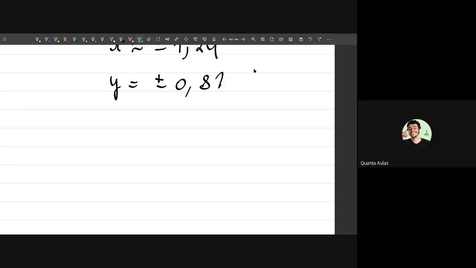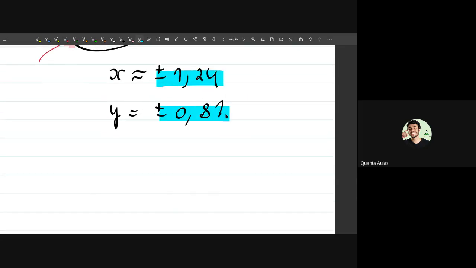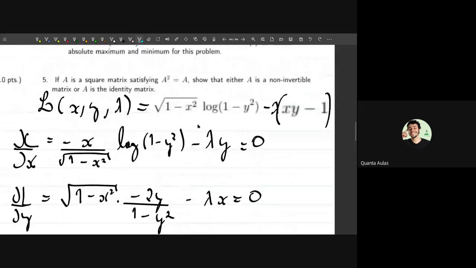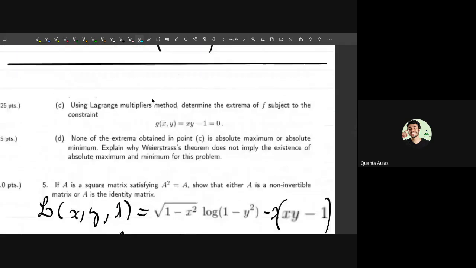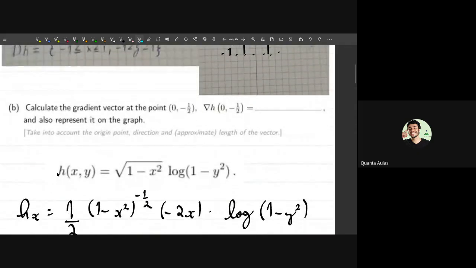You just need to put these values, these 4 points, because we have 4 points here, in this equation here, and you need to note if you have another point that is bigger or is, what's the opposite of bigger in English? What is the opposite of bigger in English? Smaller.